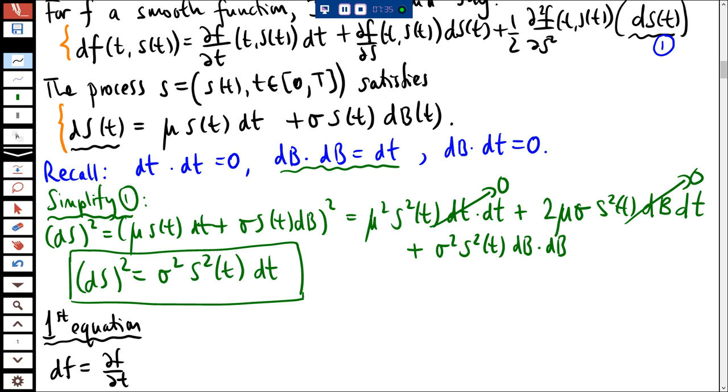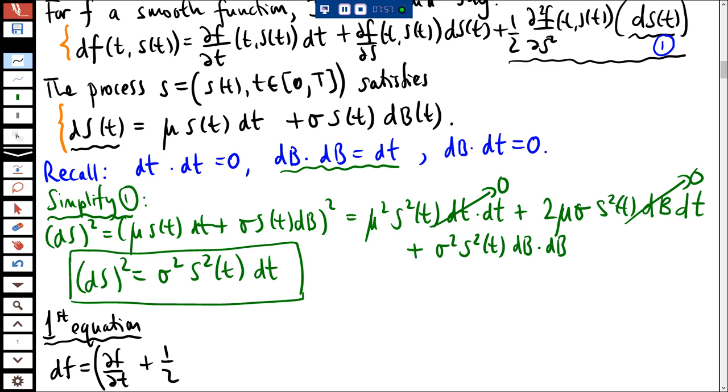I think I'm going to miss them. So I'm just going to write df dt, and I'm just going to assume that's a function of t and s. I'm going to take the dt out, so I'm going to open a bracket, and I'm going to have some dt's from the equation, from this term here.